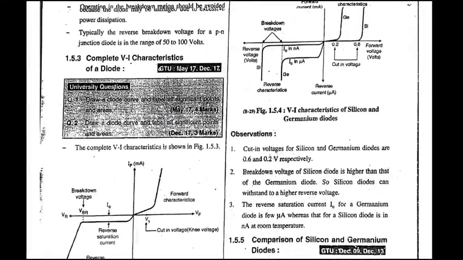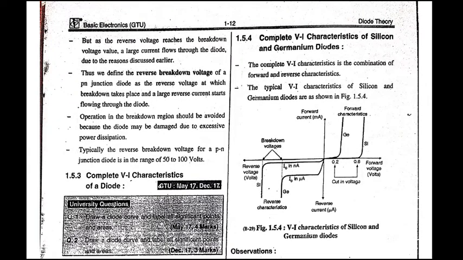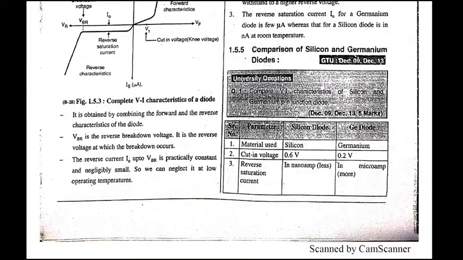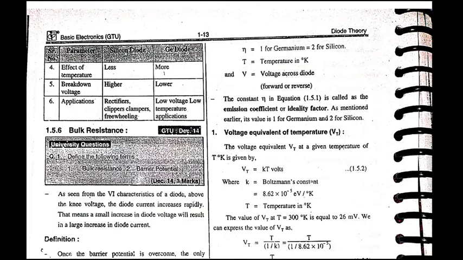And we saw both characteristics of the silicon and germanium diode. Silicon has higher breakdown voltage and higher cut-in voltage. We also compared these both. You can remember the table.